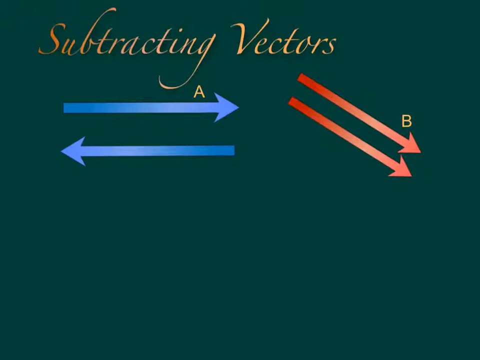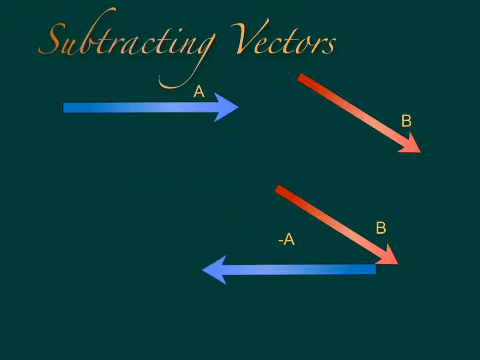So we're going to need a negative A. So B minus A is going to be the vector B here added to the negative of vector A. So you can see we are putting B and subtracting A from it.